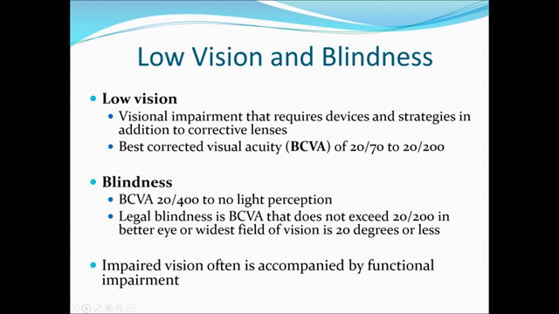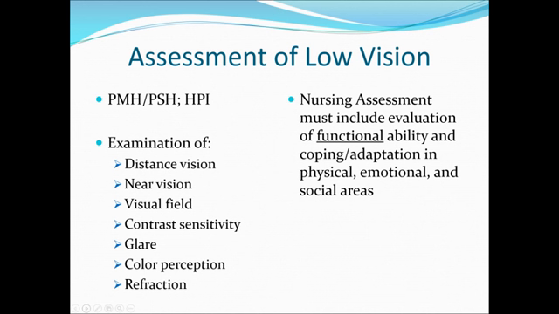The thing you need to keep in mind is that impaired vision is often accompanied by functional impairment. That's really what we want to look at: how is this vision problem affecting my patient, their daily functioning, their ADLs? When you're assessing a patient with low vision, you want to look at past medical history, past surgical history, and history of present illness. You want to look at their distance vision, near vision, fields, contrast, glare, all of that.